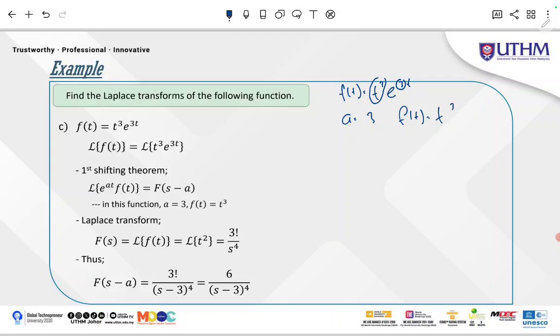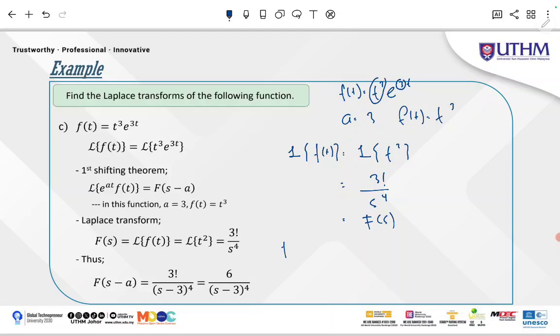So we just solve the Laplace transform of f(t), which is the Laplace transform of t cubed, equal to 3 factorial over s to the power of 4, which is F(s).